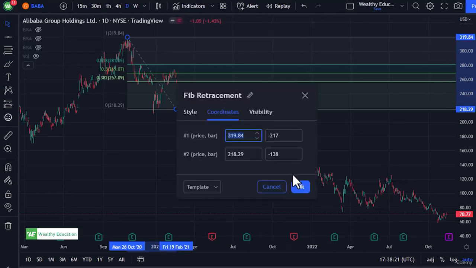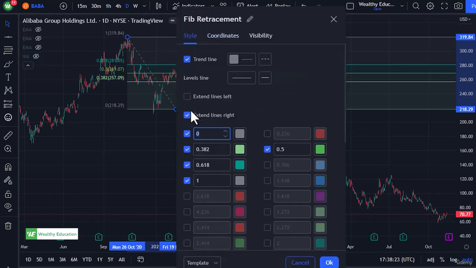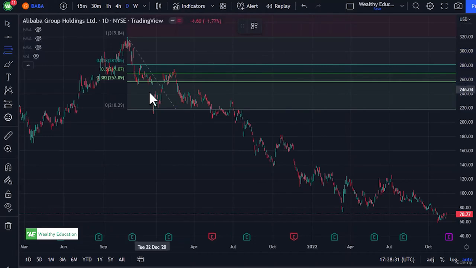Now, the first thing that I'm going to do is show you all of the Fibonacci numbers that are available on the Fib retracement tool. And there are other Fibonacci tools that you can use.